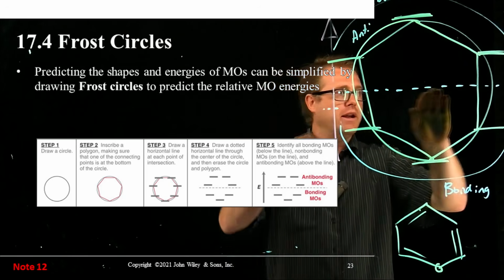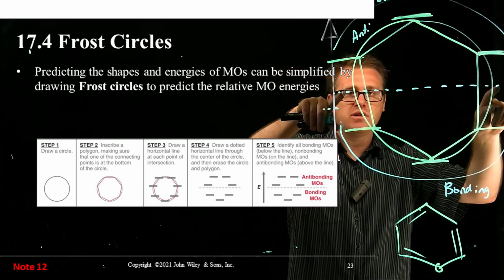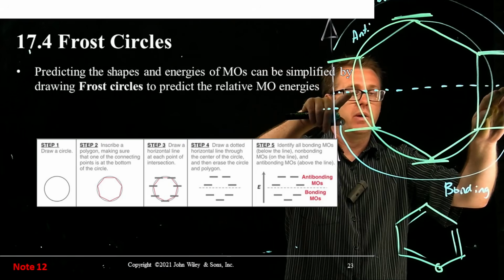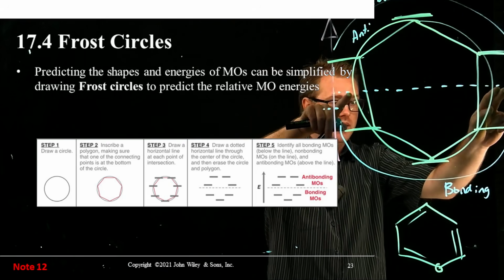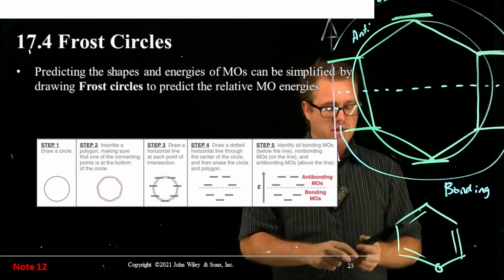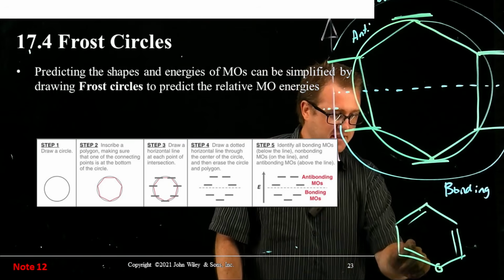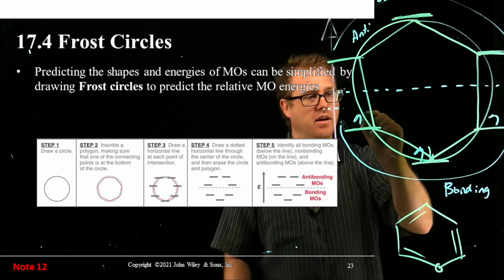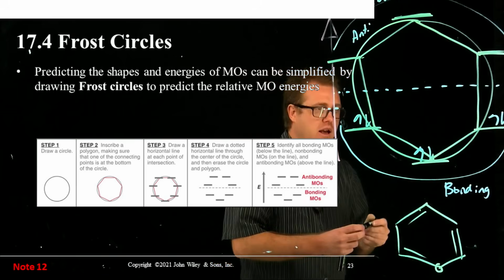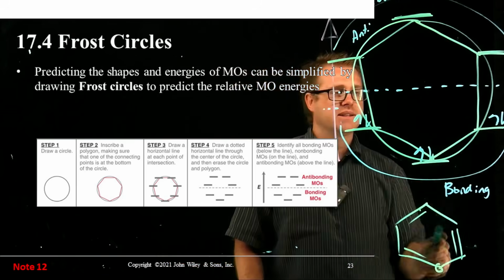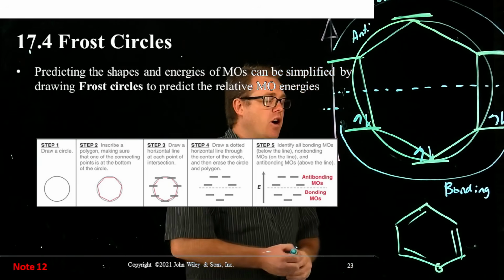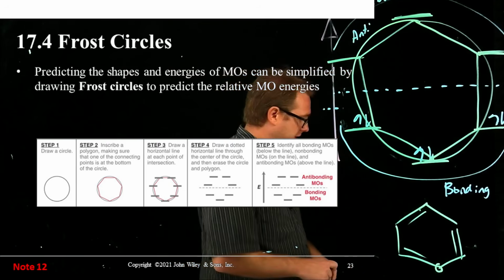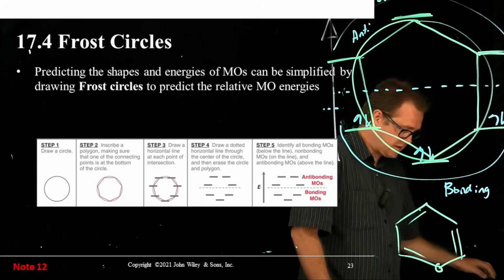There are no molecular orbitals in the center of the circle, and orbitals in the center of the circle are going to be non-bonding. So in this example, we have 6 pi electrons, so 1, 2, 3, 4, 5, 6. You can see all 6 pi electrons are in the bonding orbitals, and that is really, really good and very stabilizing.